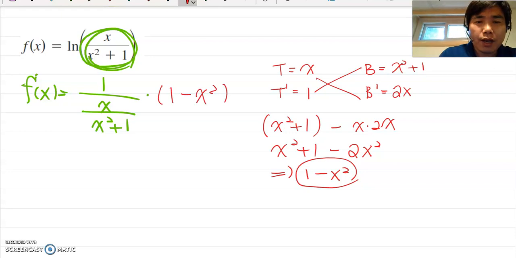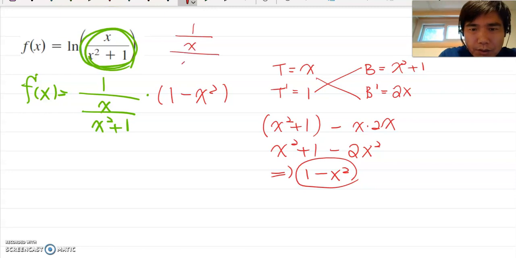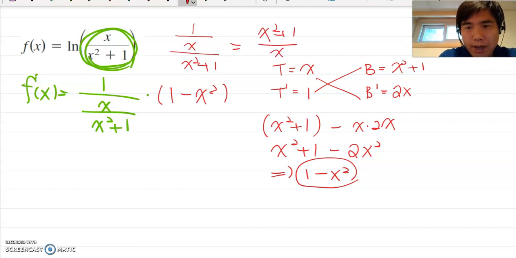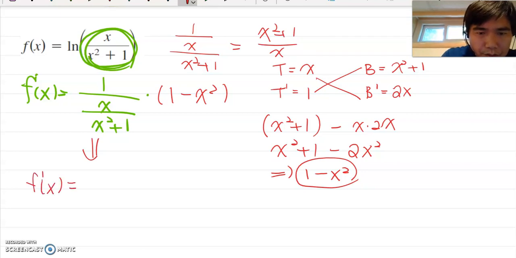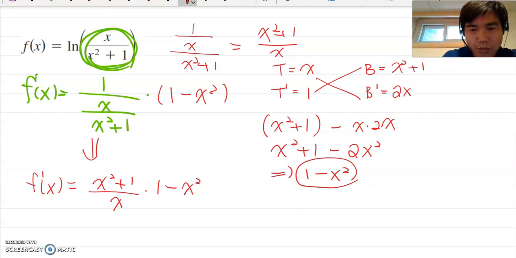Okay, now in this case, basically 1 over x over x squared plus 1 is the same thing as x squared plus 1 over x, right? So I can rewrite this as x squared plus 1 over x times 1 minus x squared.